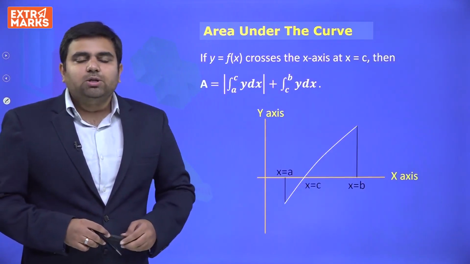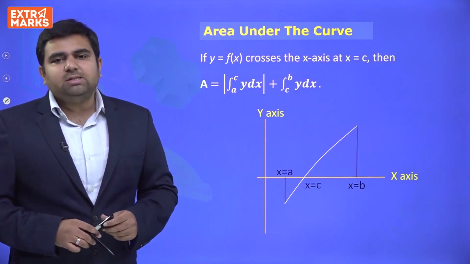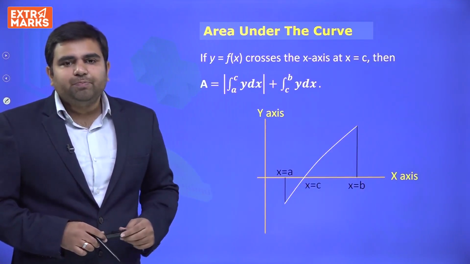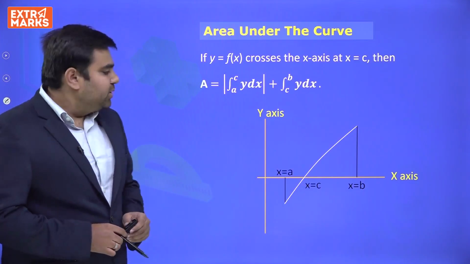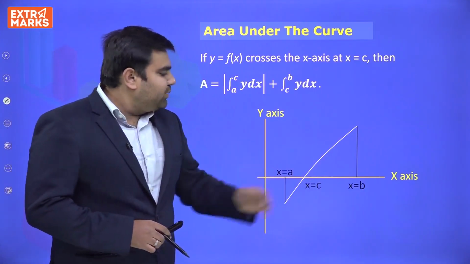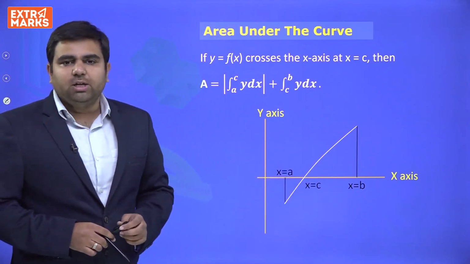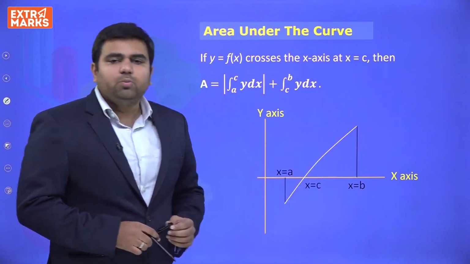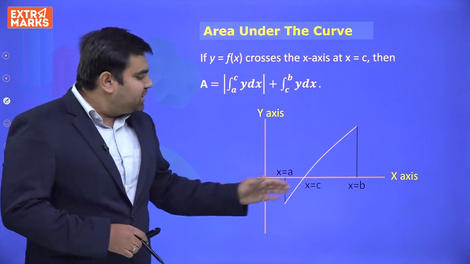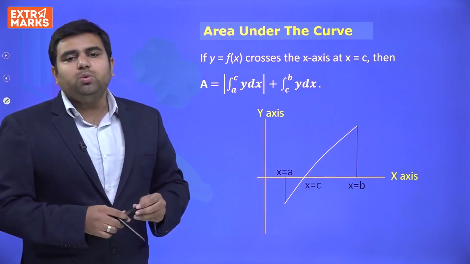Next, y equal to f of x crosses the x-axis at x equal to c. From the figure itself, it is quite clear that the curve begins at x equal to a, terminates at x equal to b, but crosses the x-axis at x equal to c. So what would be the area?